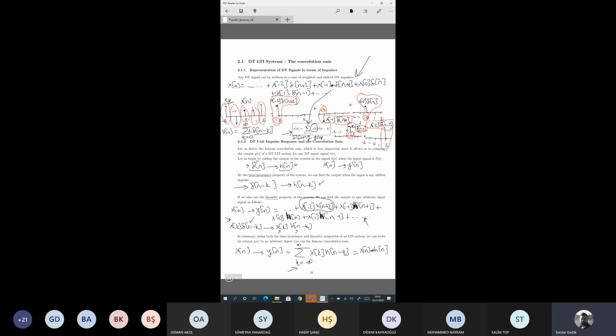This LTI property means that for any given x of n, if you know the impulse response, you can find the outputs easily by using this convolution sum. This is read as x of n convolved with h of n, and this is the mathematical formulation.